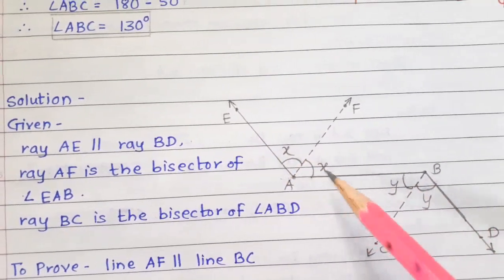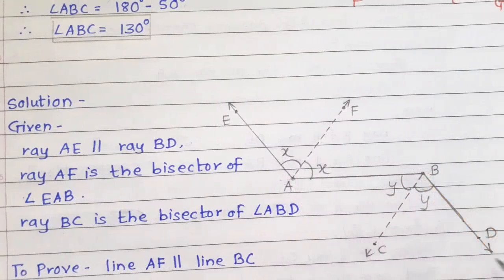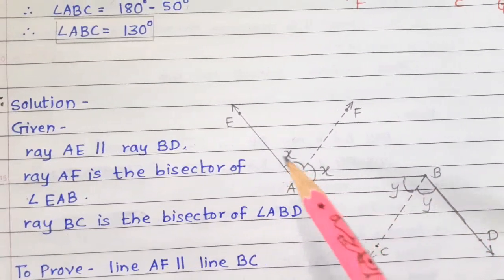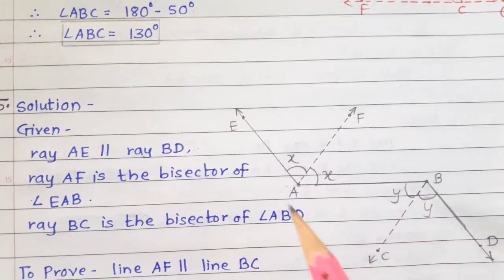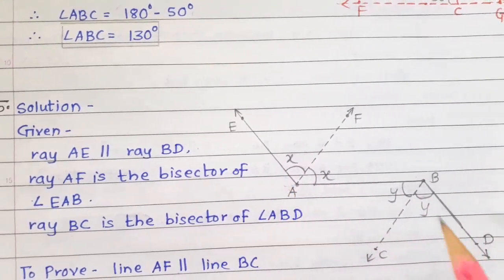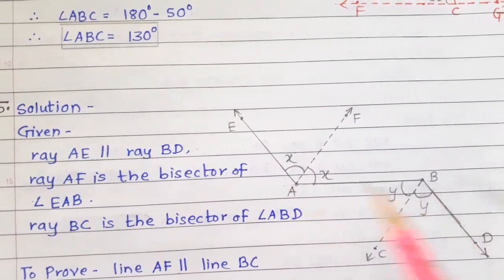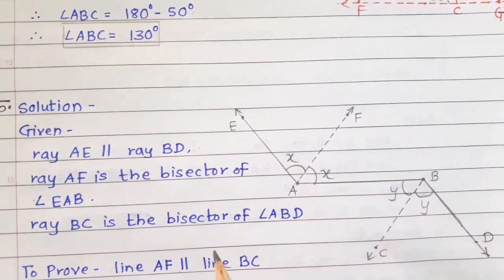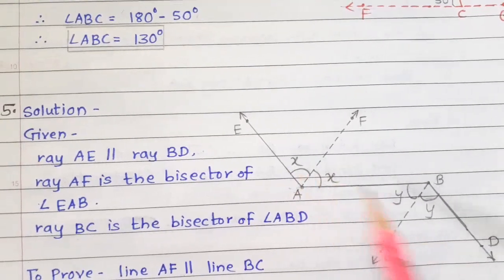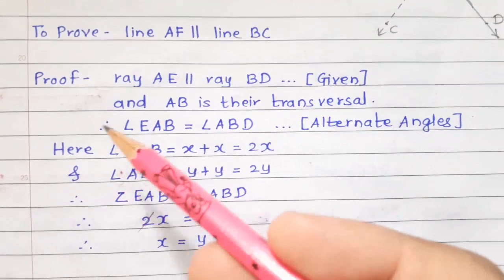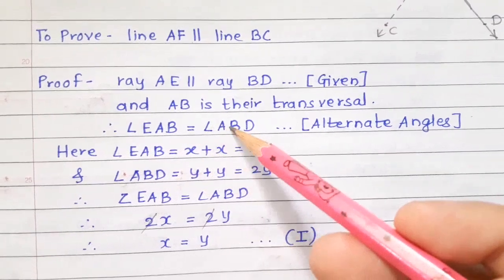Both angles are alternate angles. And if two lines are parallel and AB is their transversal, then the alternate angles are equal. Therefore angle EAB is equal to angle ABD.